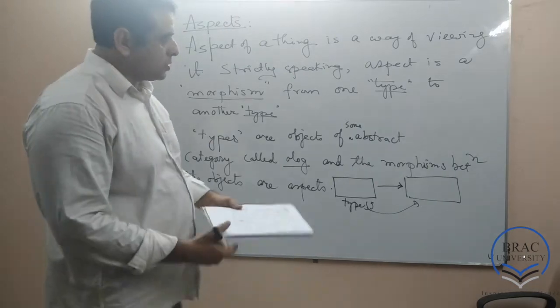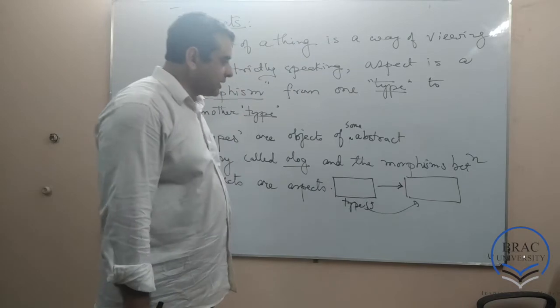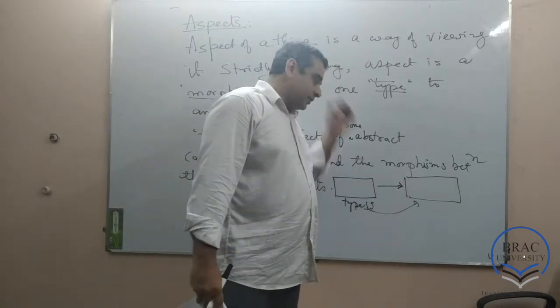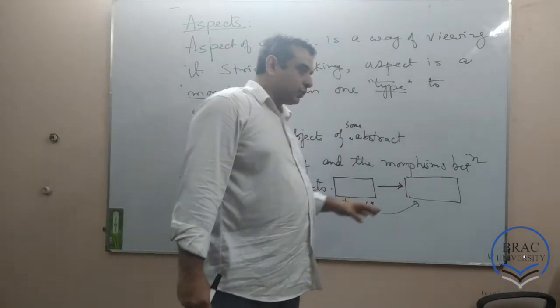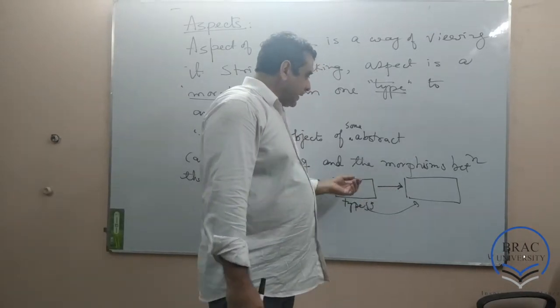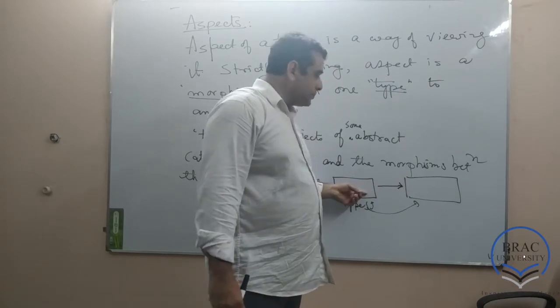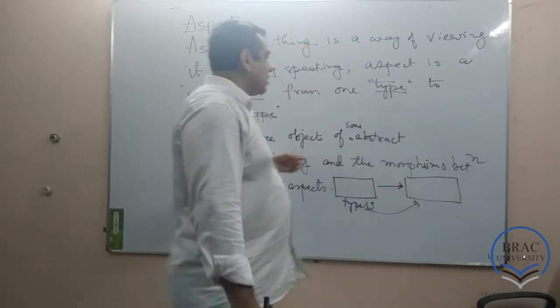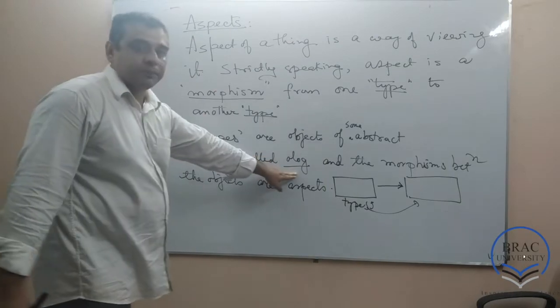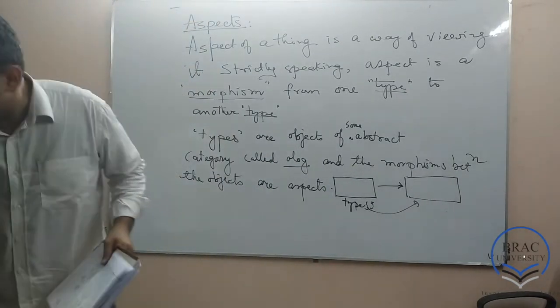So as a category, these boxes are objects and the arrows are precisely morphisms. So you can think of the aspects as morphisms and these types as objects of the category Olog.